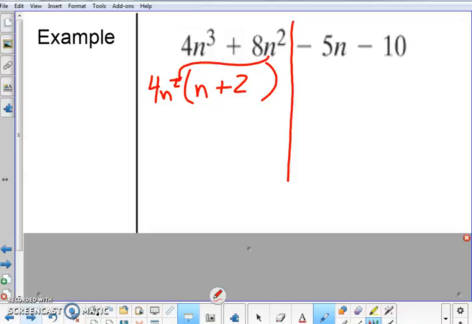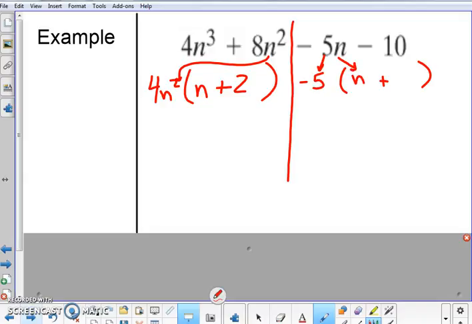Okay, and then going to the right side of the equation. This looks a little bit different with these subtraction symbols, but remember, we want this to be n plus 2 in the parentheses there. So the only way we're going to be able to do that is if we factor out a negative 5. So if we take out that negative 5 there, then the n can go inside the parentheses.